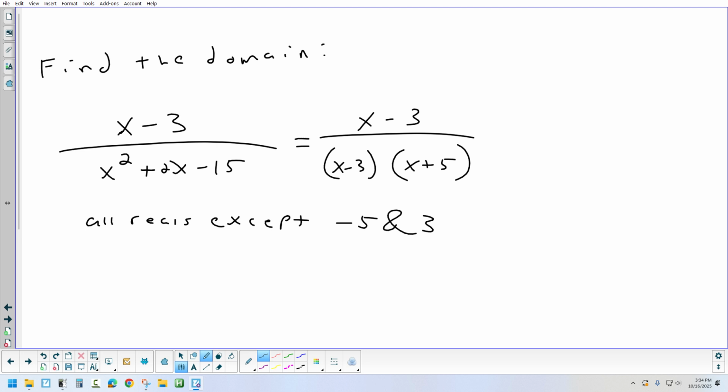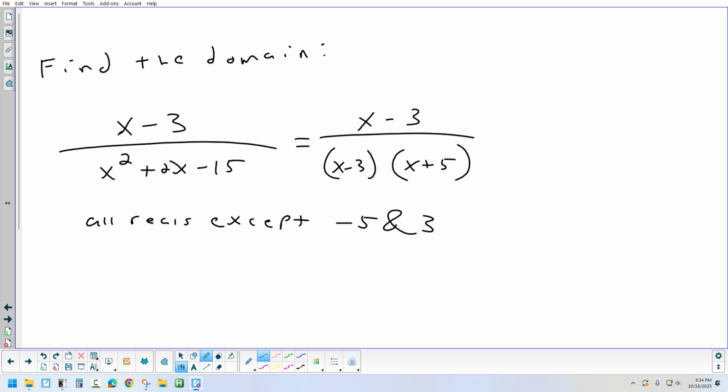I know it's undefined, but I'm looking for something a little more specific. There's no hole at negative 5. Why do you think there would be a hole at negative 5? There's an asymptote, yeah. So there's an asymptote at negative 5.